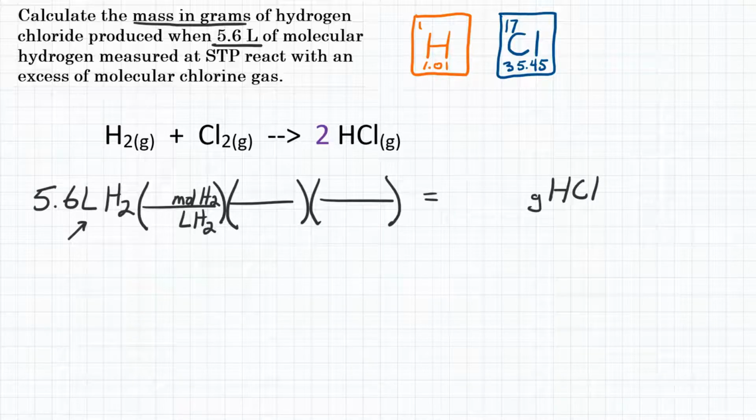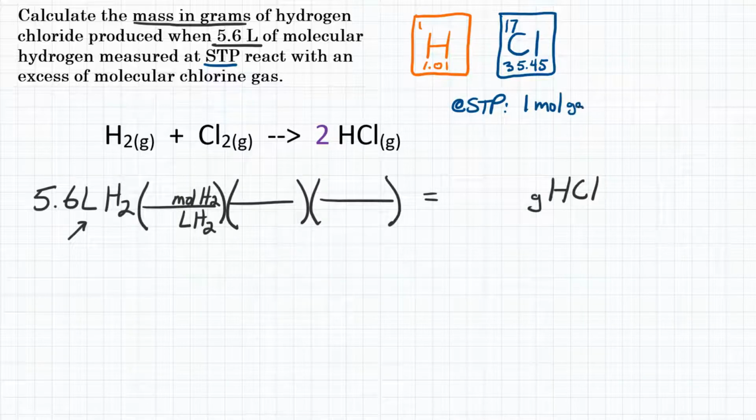So the problem also gives us some more information. It says STP. We're at STP. That means we are at standard temperature and standard pressure. And that gives us a bit of information. At STP, we know that 1 mole of any gas has the volume of 22.4 liters.